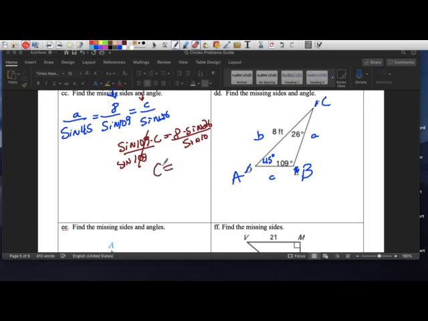In your calculator, 8 times sine 26 gives you 3.51, rounded. I'm going to leave it in my calculator and divide that by sine 109, and I get 3.71. So c here is 3.71.